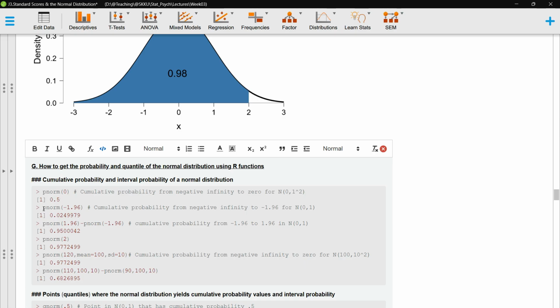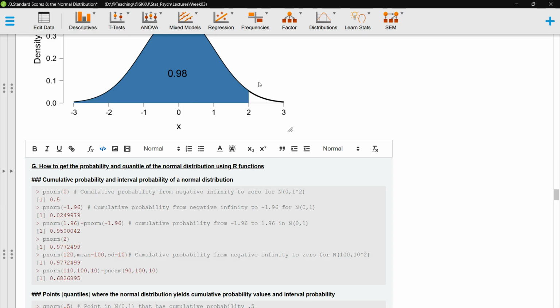From negative infinity to minus 1.96, what is the cumulative probability within that interval for the standard normal distribution? It is 0.024 something. It's approximately 2.5%. So up to that point, like here, right? This is 2.5% something.